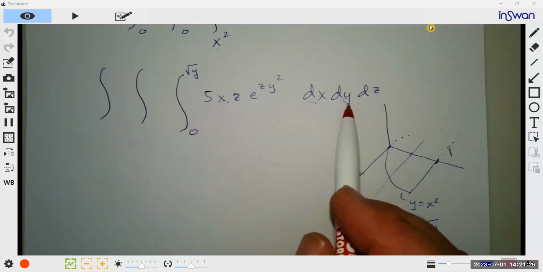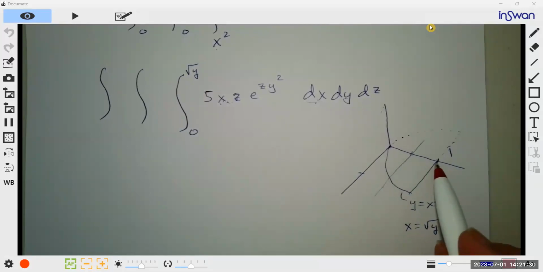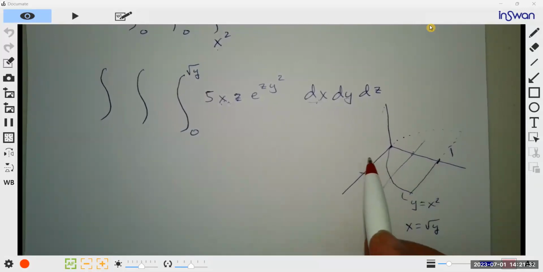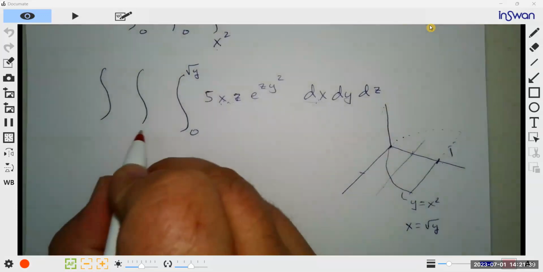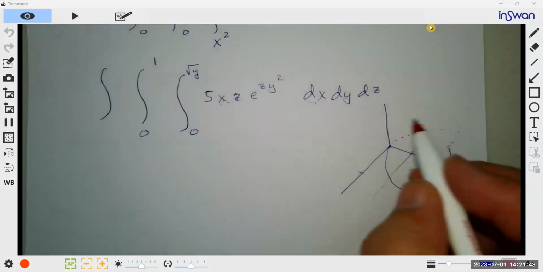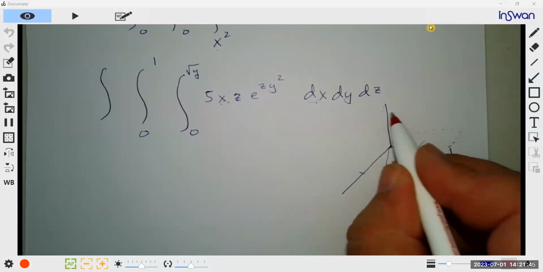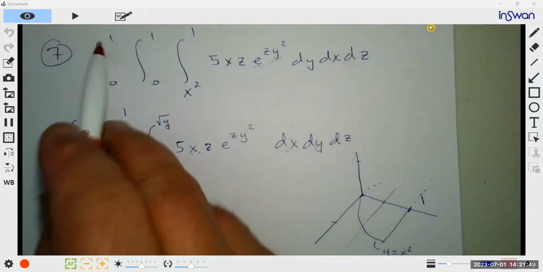Now y has to be parallel to the y-axis, so it exits at 1. And z never changed. Z was from 0 to 1.